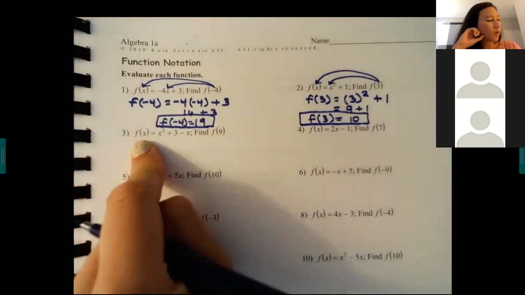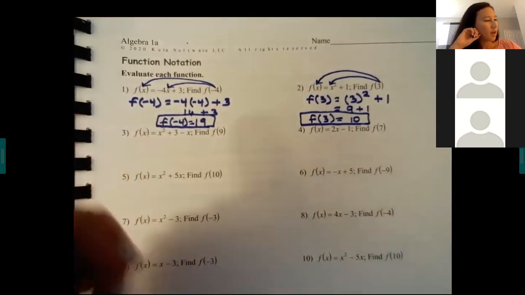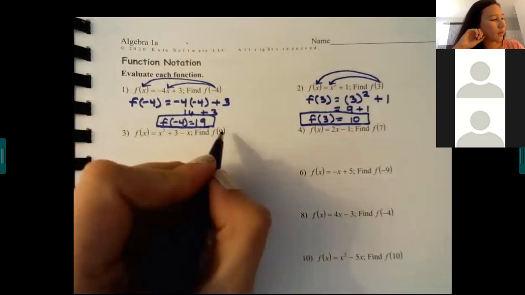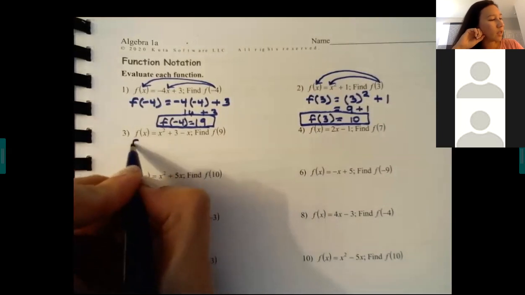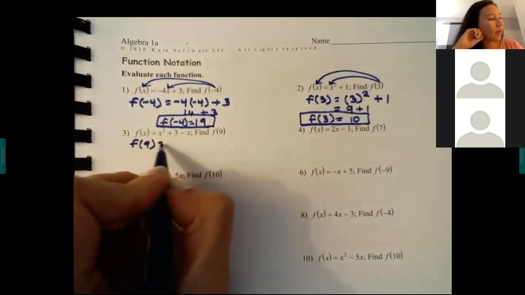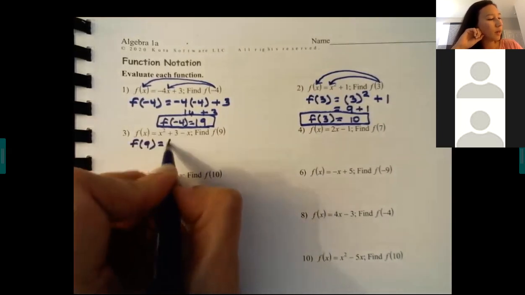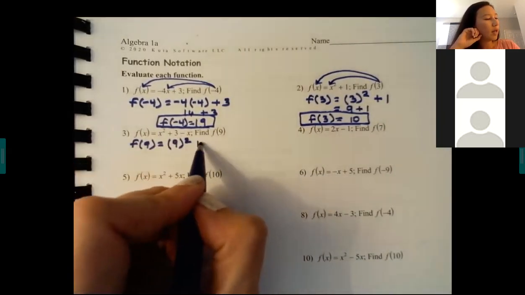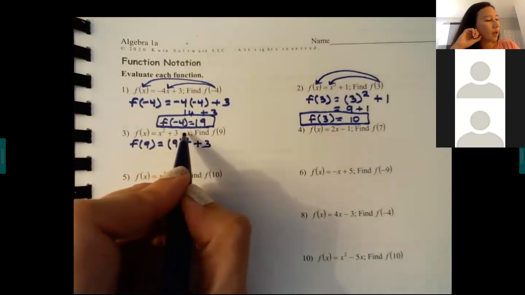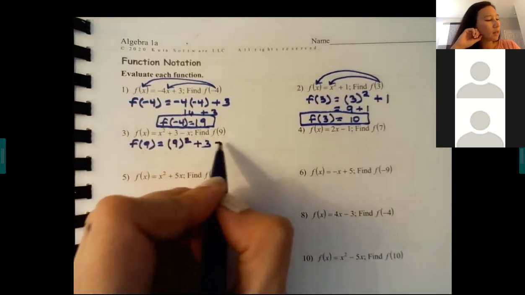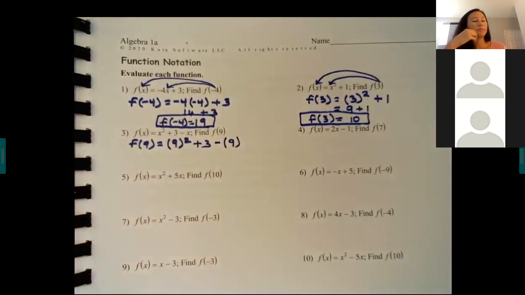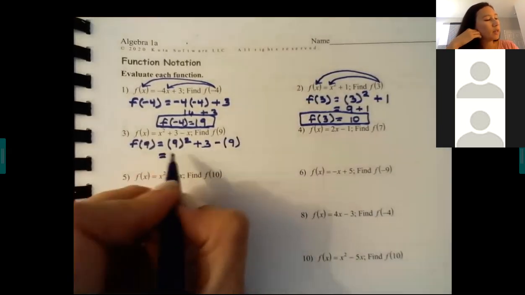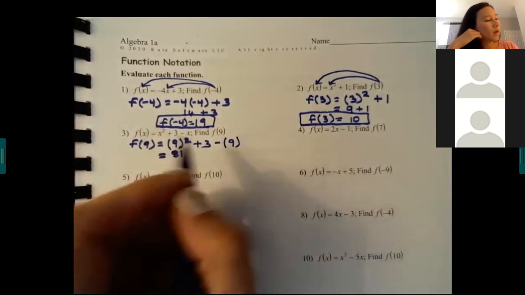I'll do one more with you, and then we'll do the next ones together. So f of 9, so we substitute 9 for x, equals x squared. So we know x is 9. We have to square that, plus 3 minus x. So x is 9. So now we just have to simplify. 9 squared is 81.